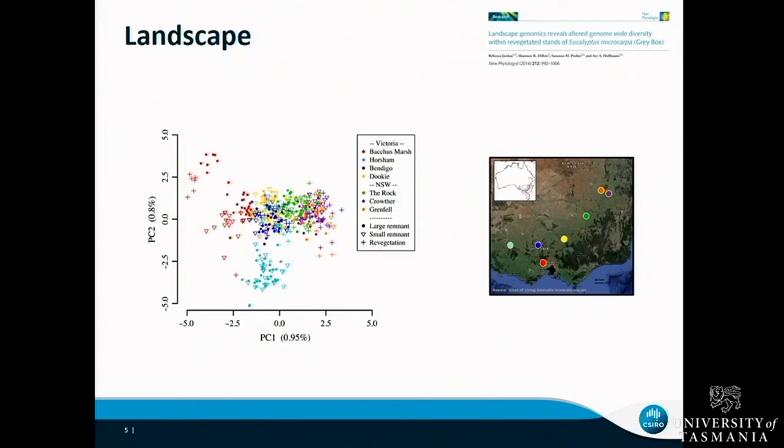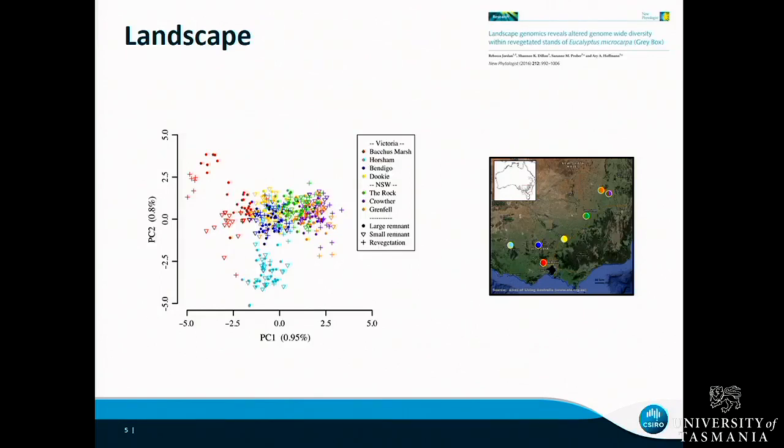So we've got across PC1 is a south to north cline, and PC2 is an east-west cline. So we're seeing that pattern. This species doesn't really have any really distinct geographic barriers across its range, and so we're seeing that just slow change, that cline in genetic variation across the landscape.